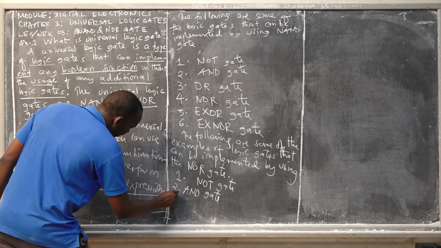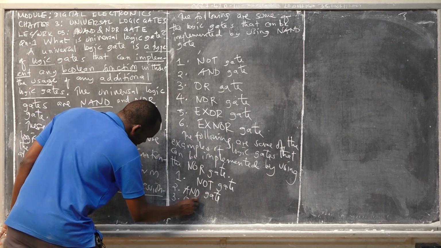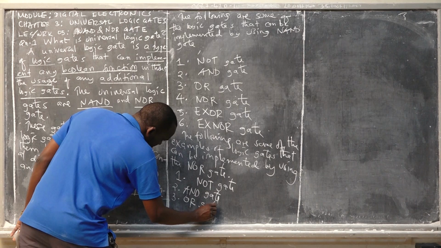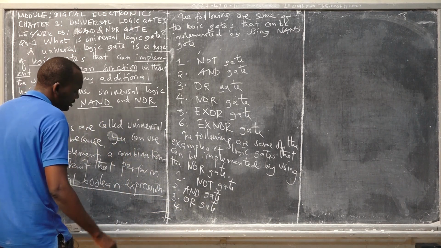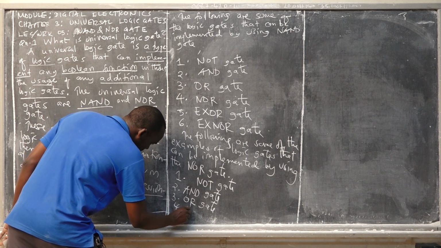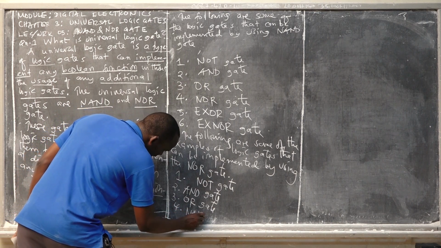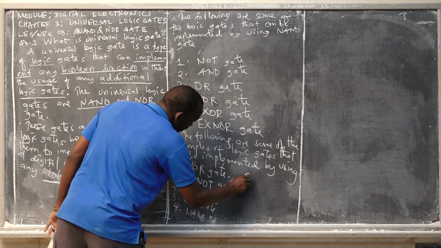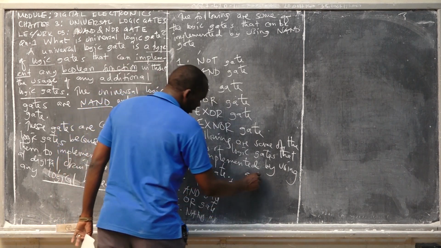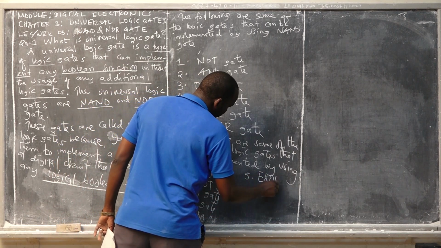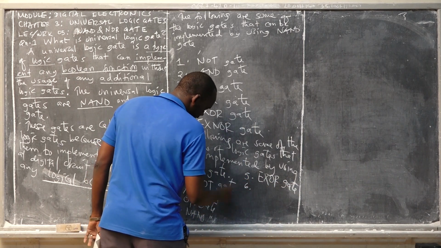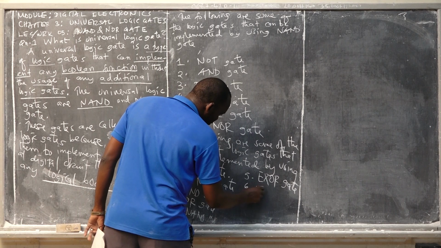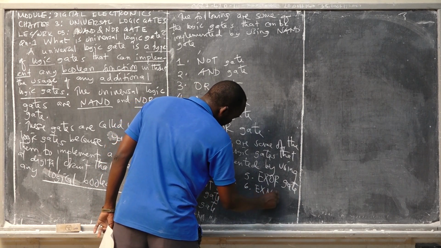You can use the NOR gate to implement OR gate. You can use the NAND gate or the NOR gate to implement NAND gate. Also, you can use the OR gate to implement XOR gate. You can use the NOR gate to implement exclusive NOR gate.